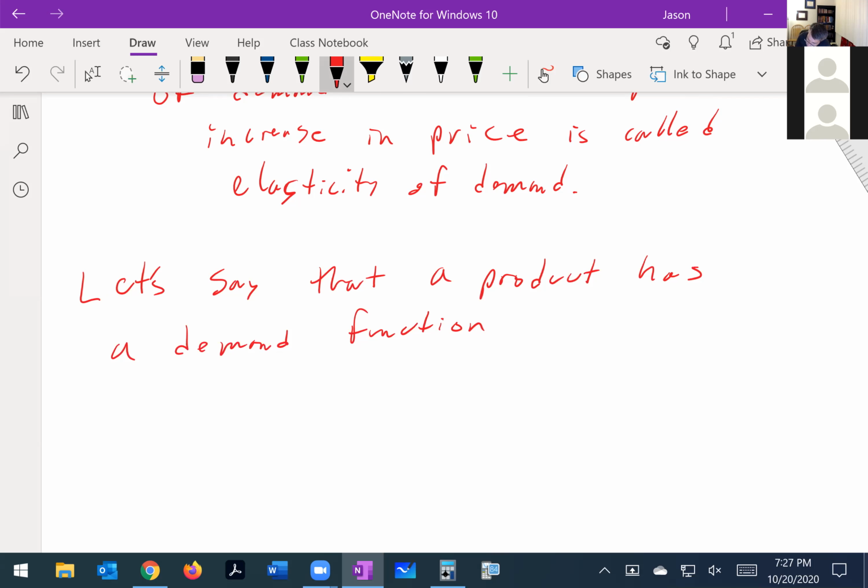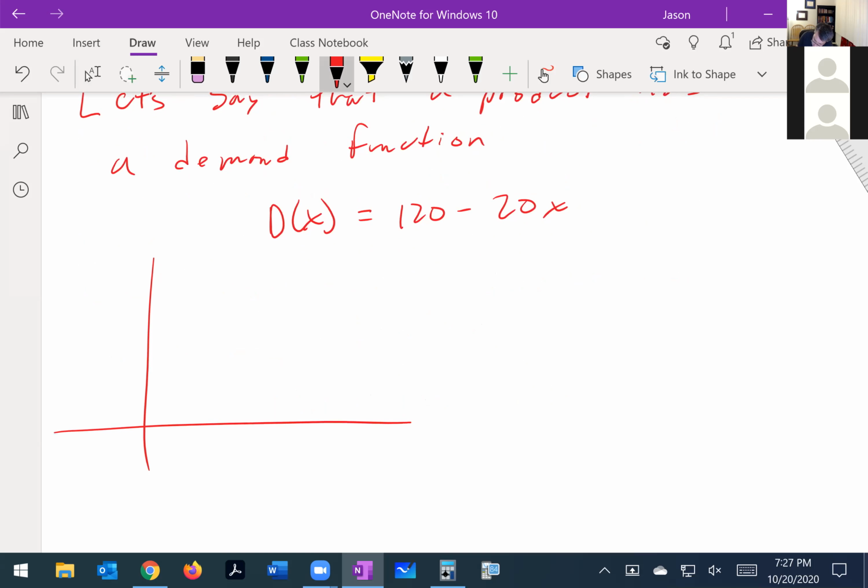Let's say the product has a demand function that looks like d of x equals 120 minus 20x. This is a line that starts at 120 and goes down with a slope of -20. So this guy looks like this. We're just saying, look, nobody's going to pay $60 for a cup of coffee, except people who are incredibly insane. Does that make sense?